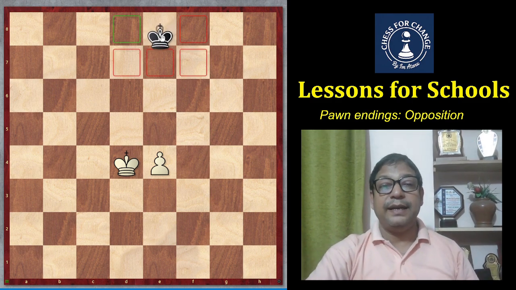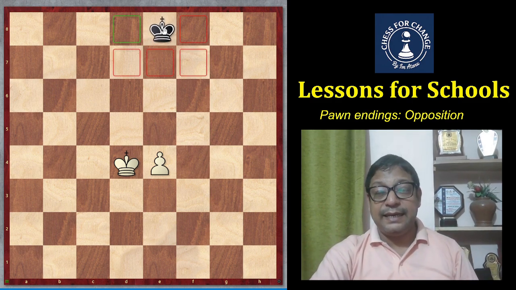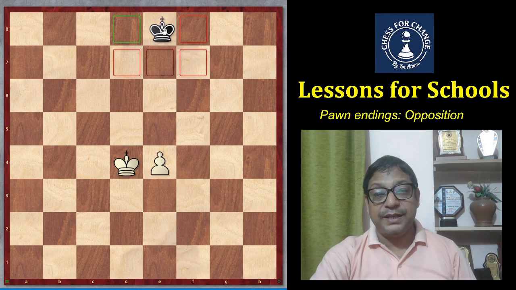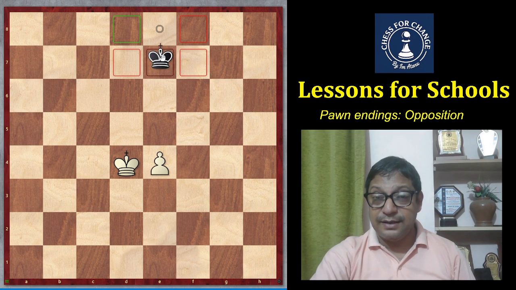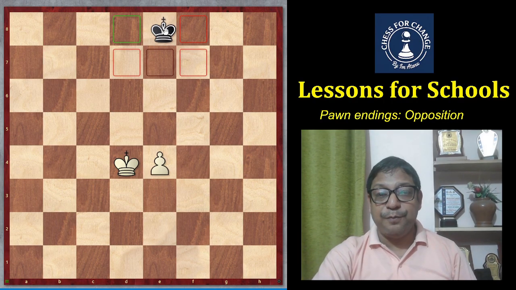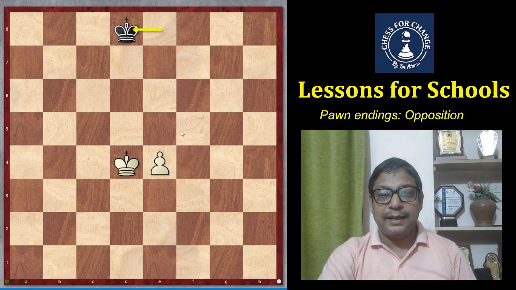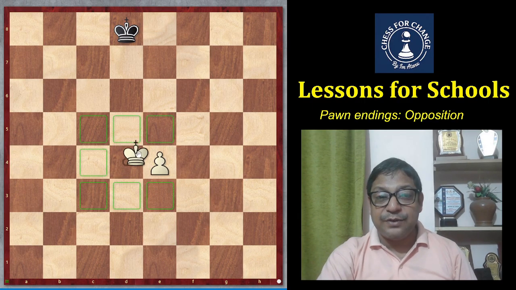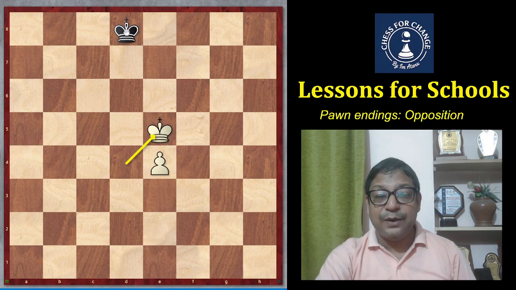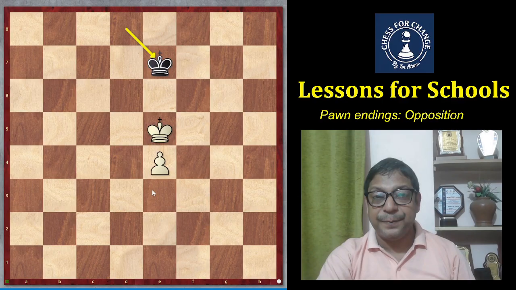Now we will be learning a technique by which we can win opposition sometimes. The kings are standing very far from each other. Now before coming close to each other, what black should do, he should wait. And when the white king advances, the black's king will come up accordingly.